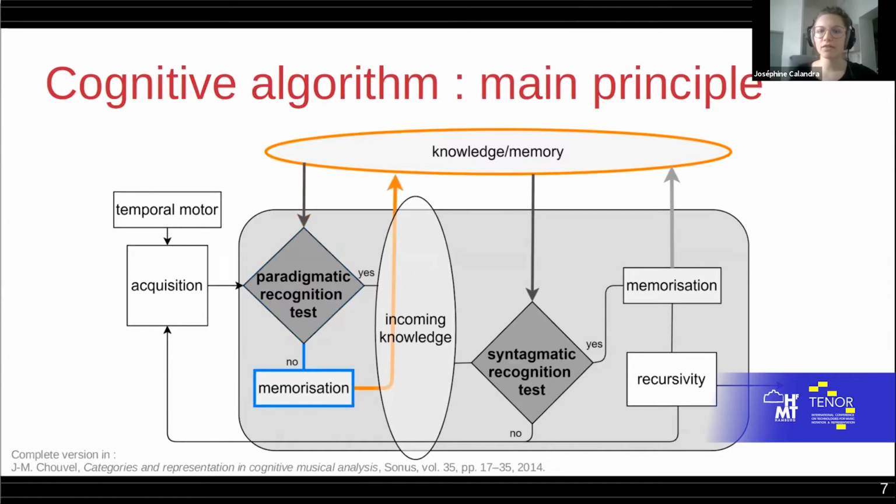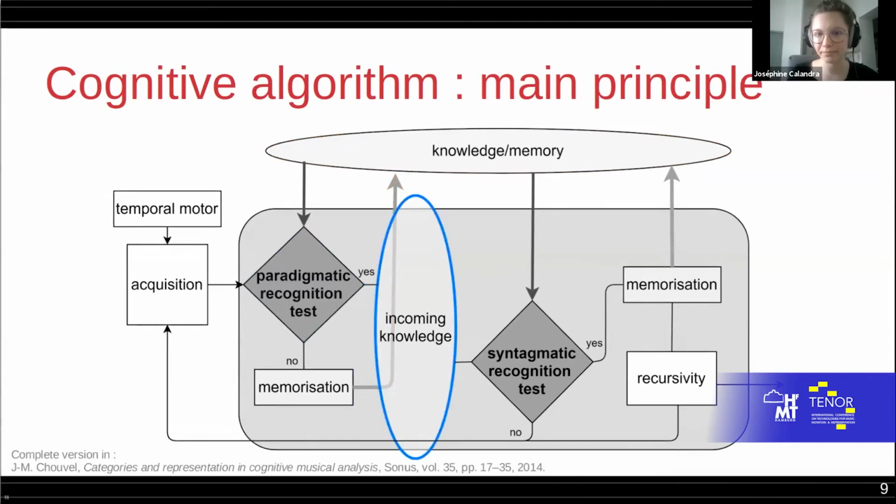If the system has never heard this object before, then it is written in what we call a material memory that stores every new material which appears over time. It is also saved in the formal memory, which stores the object in the time dimension. If the object is similar to a previously heard object of the same level, it is only recorded in the formal memory.